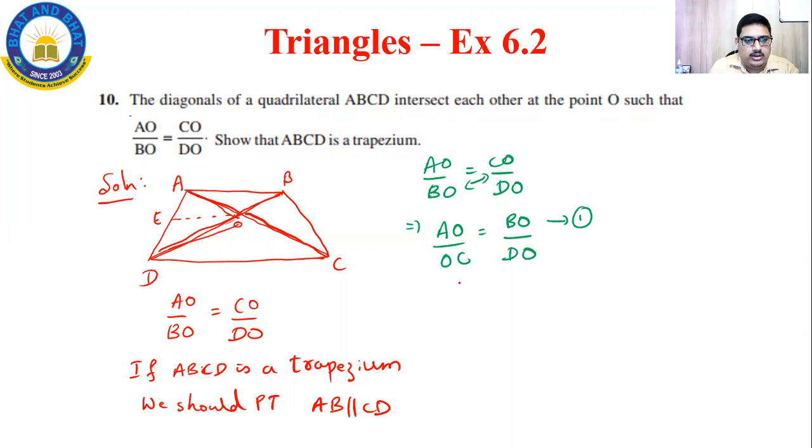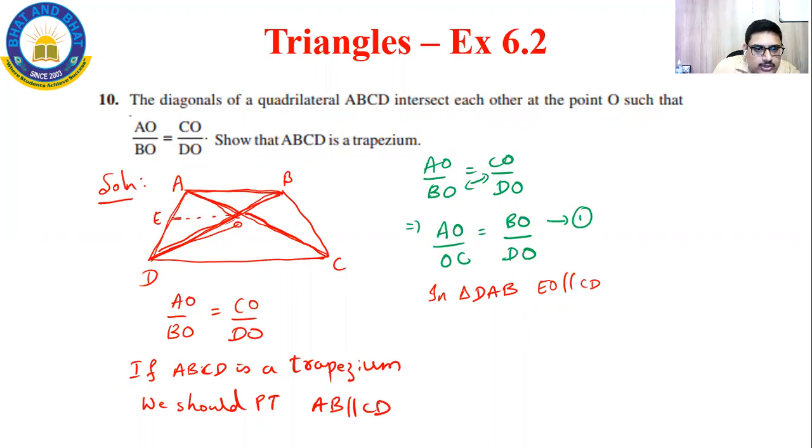Next, what triangle will I consider? I will consider triangle DAB. That is this triangle. I have made a construction: EO is parallel to AB.